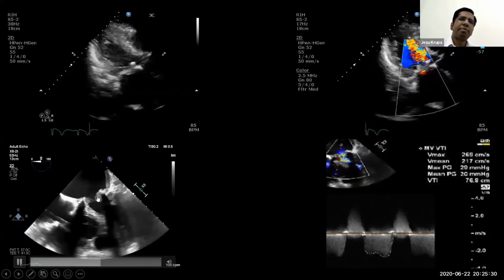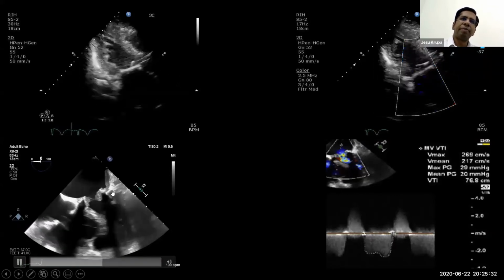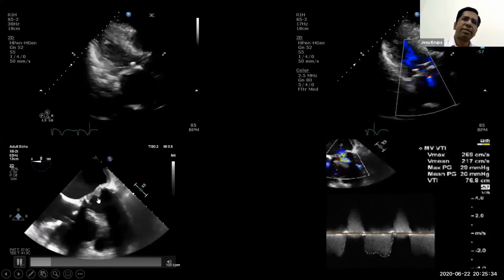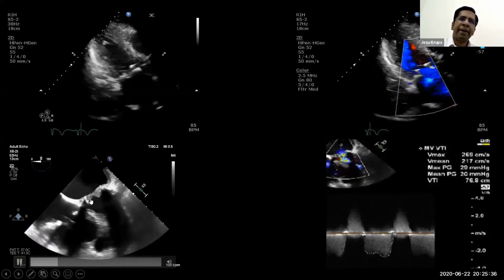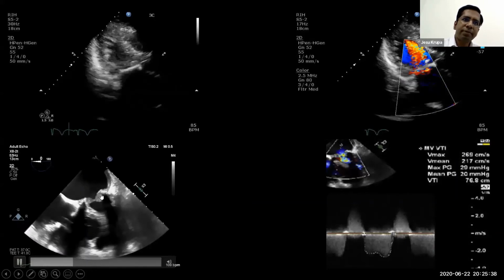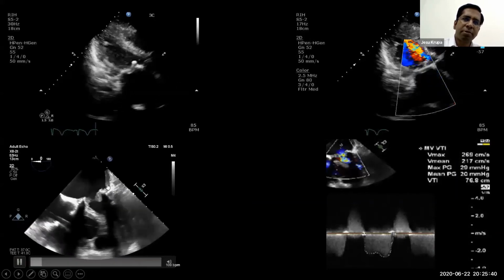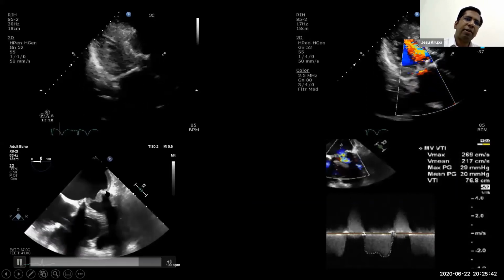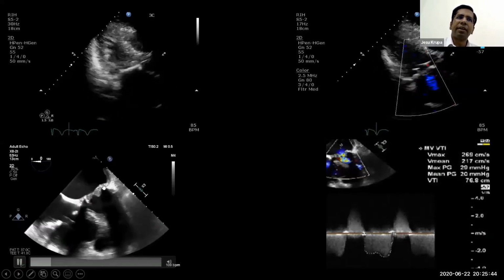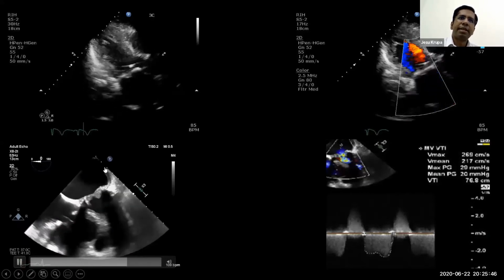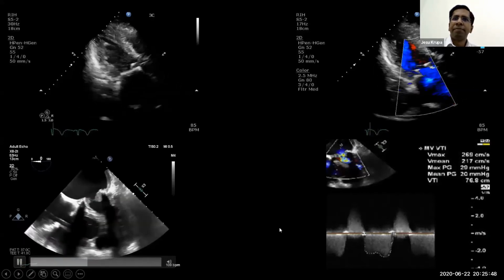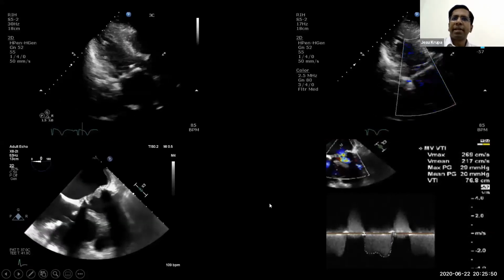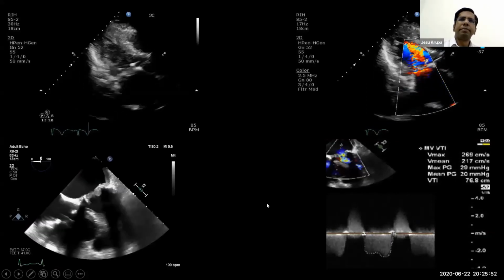As you can see, it is markedly thickened mitral valve leaflets with very restricted mobility. And there seems to be some mass layered along the wall of the left atrium also, extending all the way like this. And his gradient also was high. Mean gradient was 20.